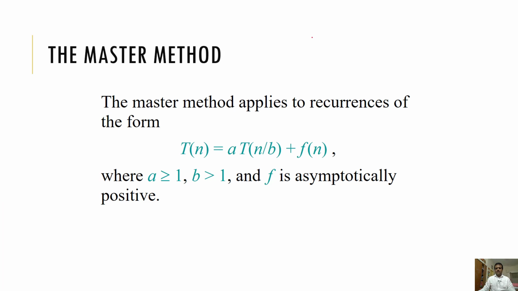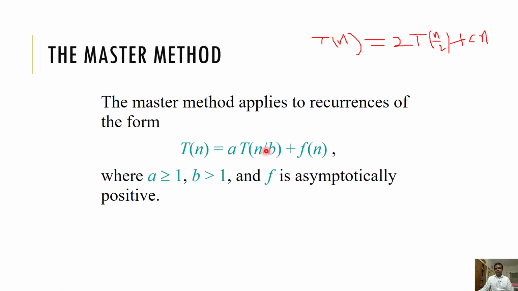If we recall, the recurrence was T(n) equal to 2 T(n/2) plus f(n), that is, plus theta of n or c n. So this is of this type.